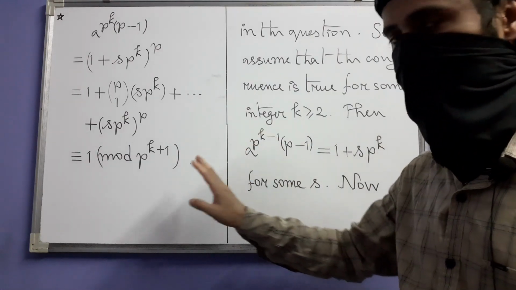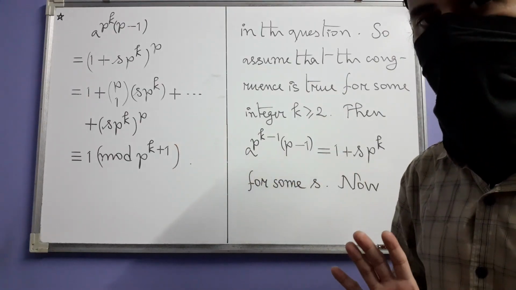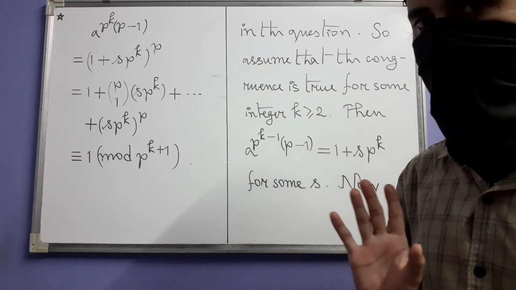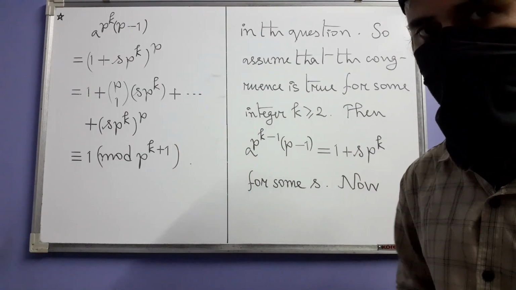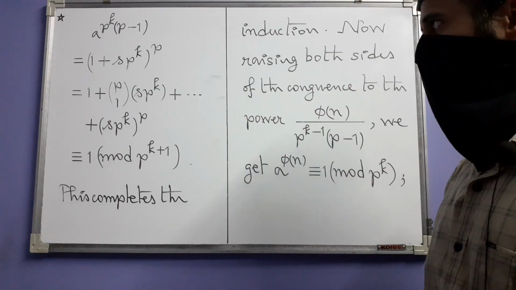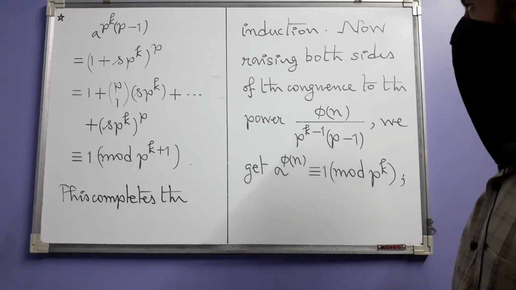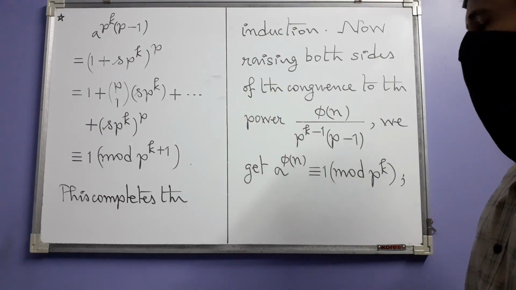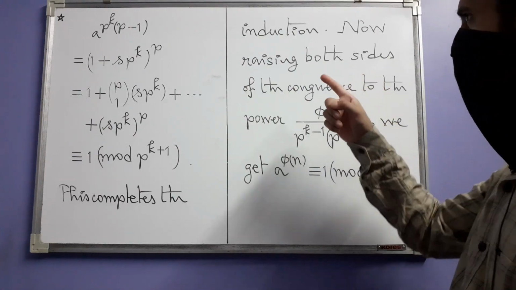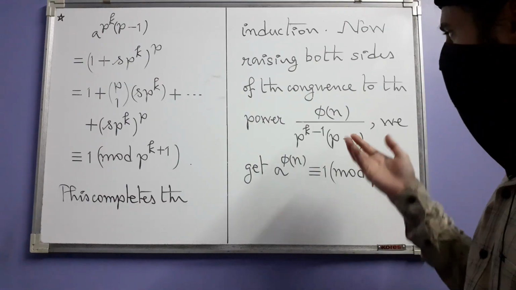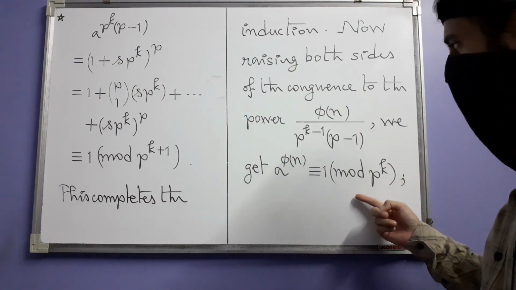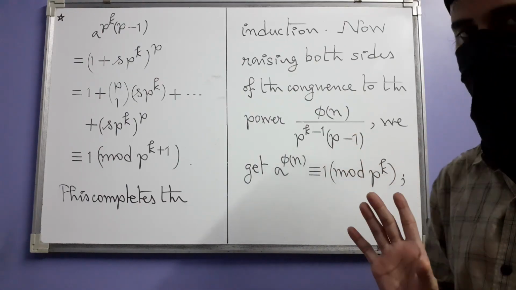So the induction ends here and our congruence has been proved for all positive integers k. So we conclude this part by writing: this completes the induction. And then of course, as proposed in the question, we raise both sides of the original congruence to this power to obtain this. We have understood how.